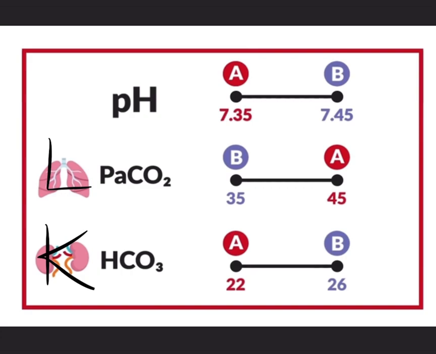Okay. The numbers are pH 7.43, PaCO2 is 43, and HCO3 is 33. Remember step number 1. Let's look at that pH. The pH is 7.43.